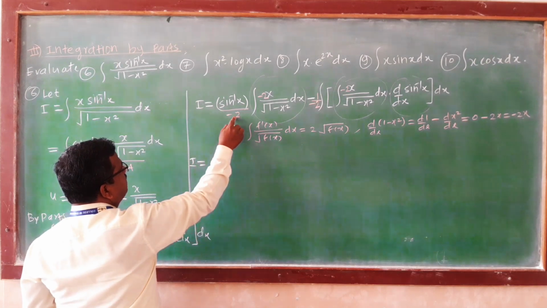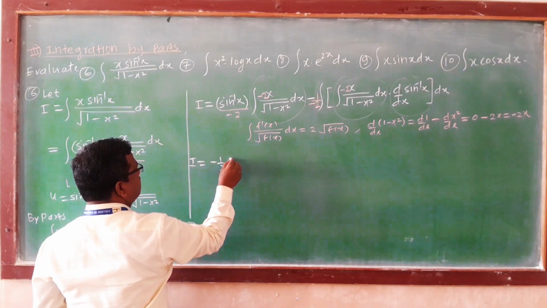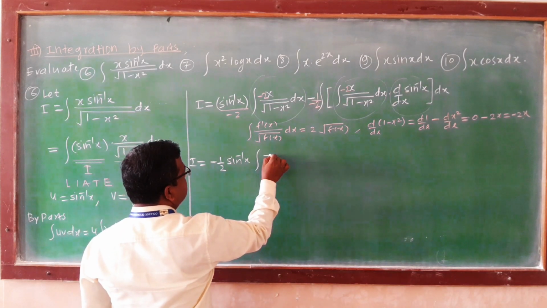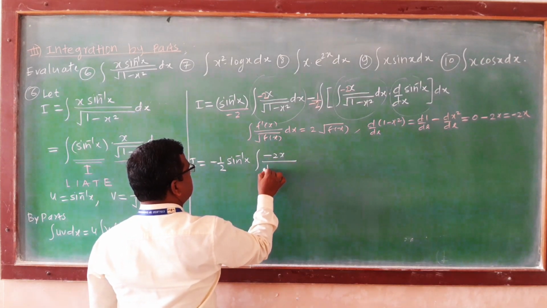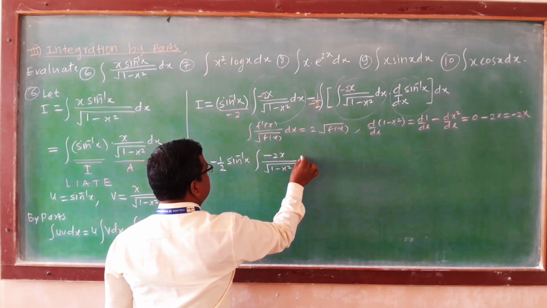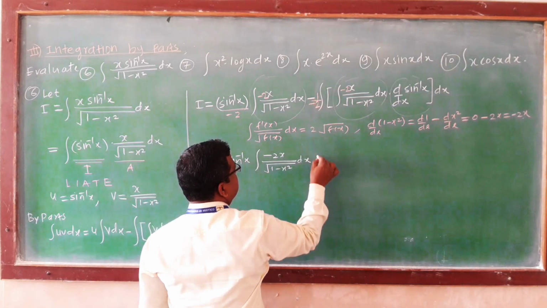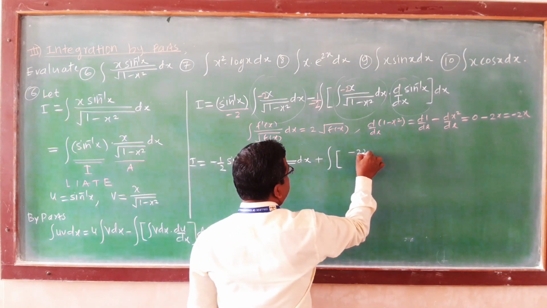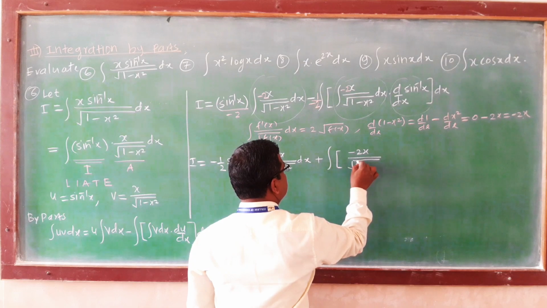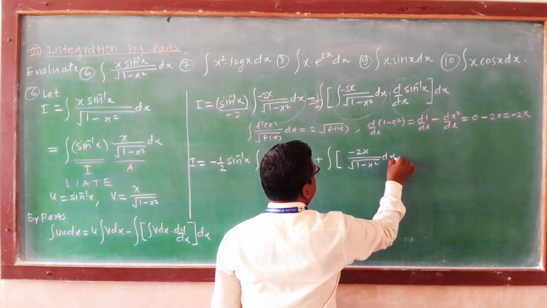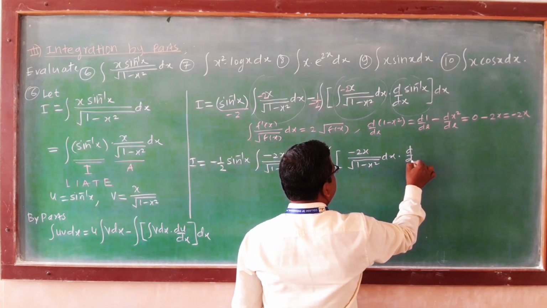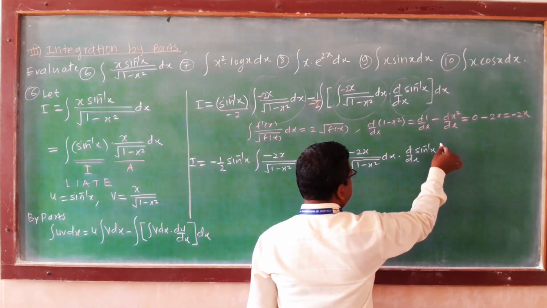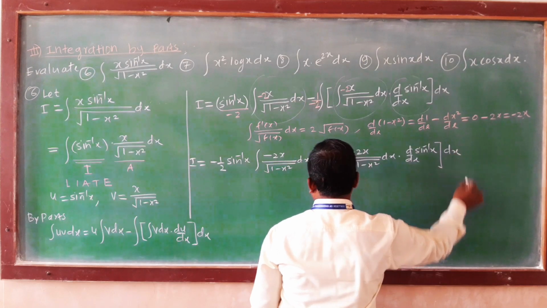I is equal to -2, means this is minus half sin inverse x integration of say -2x upon root 1 minus x square dx. Here this is minus plus integration square bracket -2x upon square root of 1 minus x square dx into d by dx of sin inverse x with respect to x.